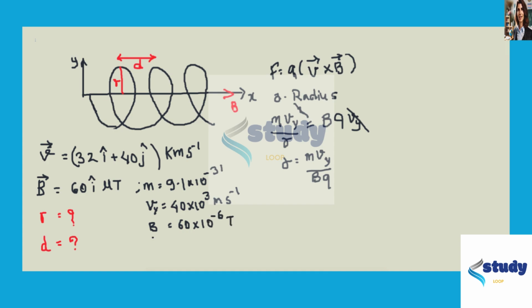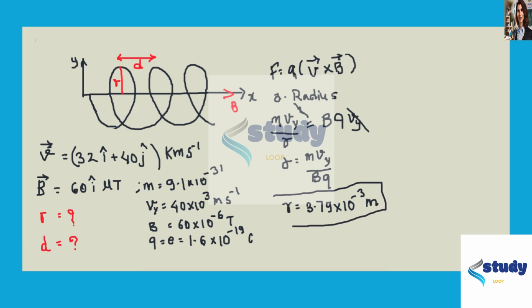And Q, the charge of an electron, is 1.6 into 10 to the power minus 19 coulomb. So plug these four values in here, then you get r equals 3.79 into 10 to the power minus 3 meters. So we are done with part A of the question.